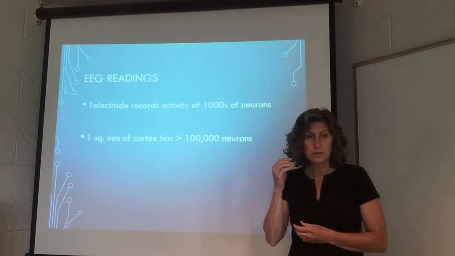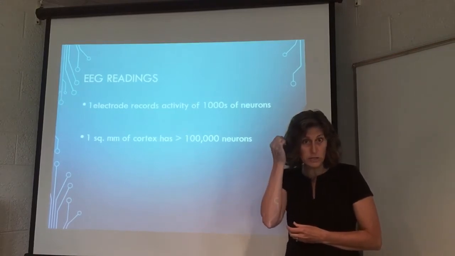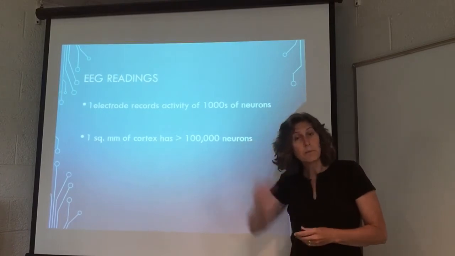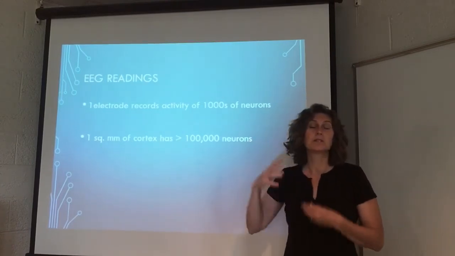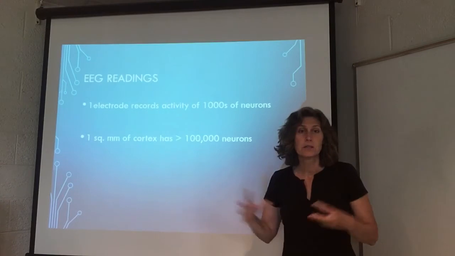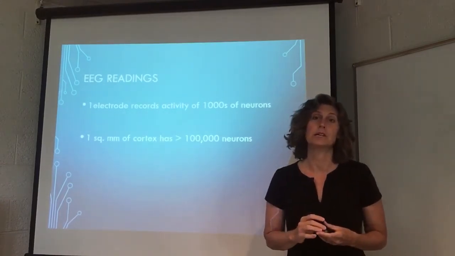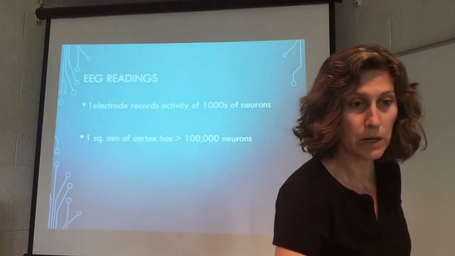So you've got 100,000 neurons in every millimeter of cortex, and they're sending their signals up to the surface of the scalp, which is then being received by the electrode. So you're doing a lot of aggregation with EEG, and it's something to keep in mind.